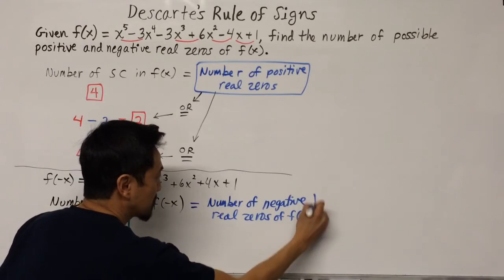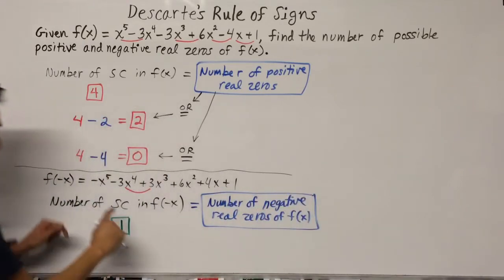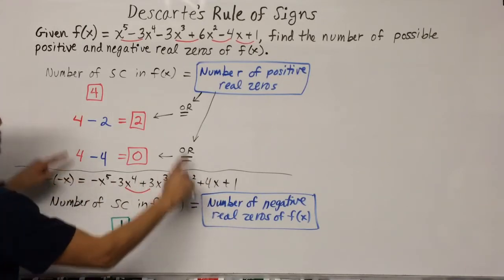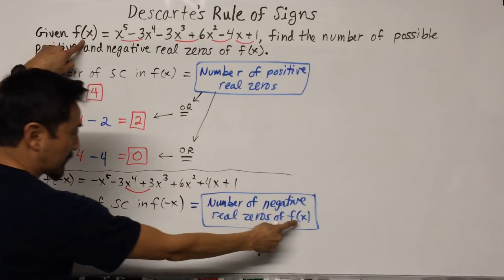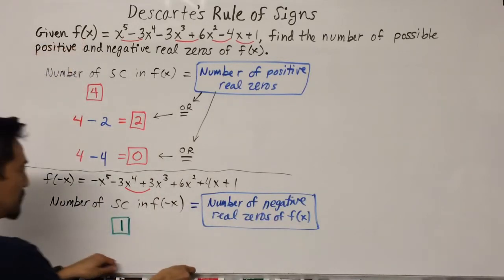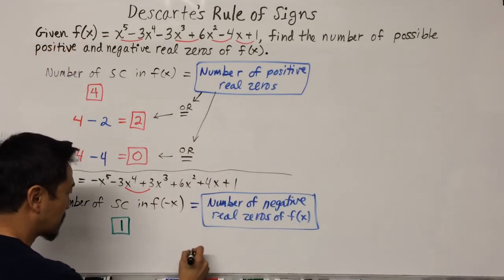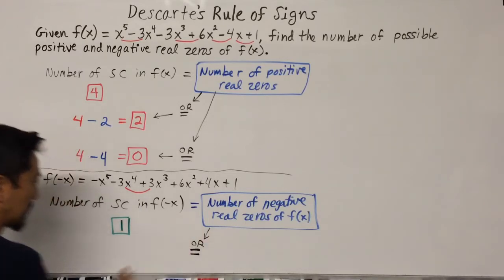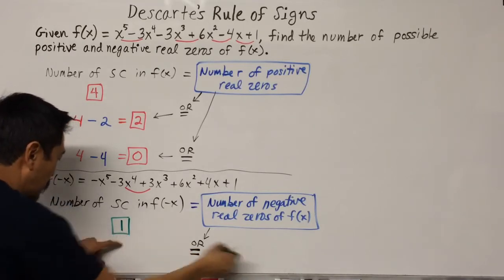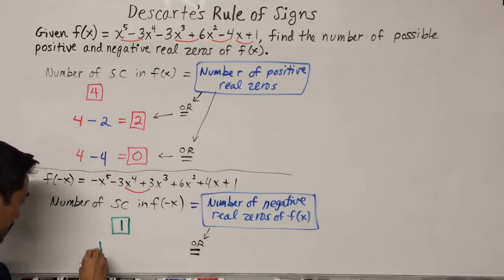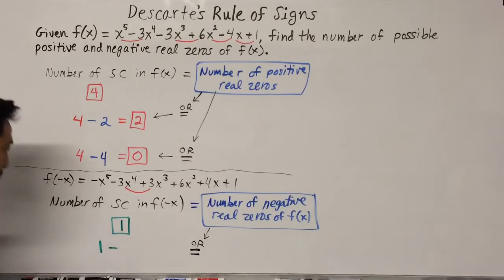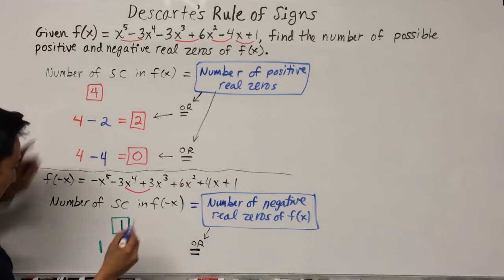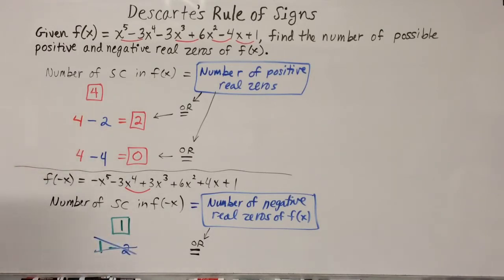Of f of x, right? Remember that even though you're looking at the sign changes in f of negative x, it's always giving you information about the original function of interest, which was f of x. Okay, so now the second part of the statement says, or it would be that 1 in green minus the even numbers. Well, again, now I have to subtract these even numbers here in blue, and that's negative, so that doesn't make any sense.